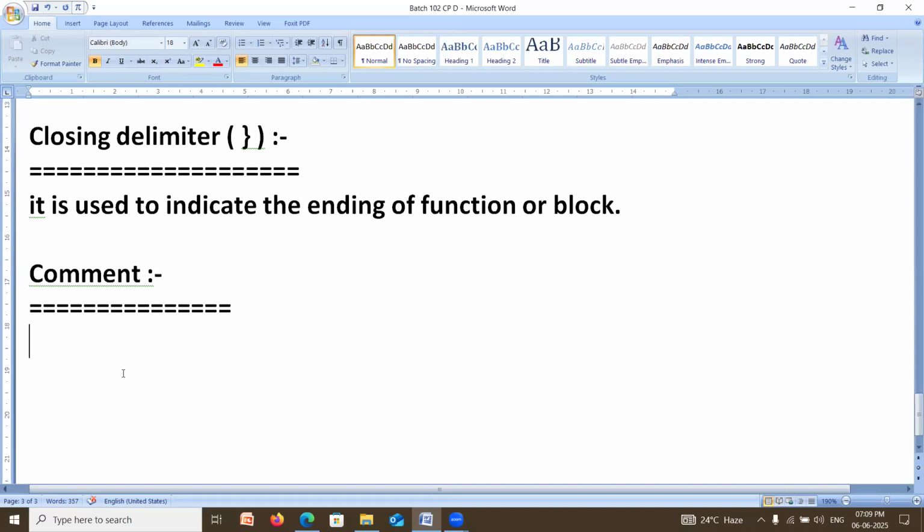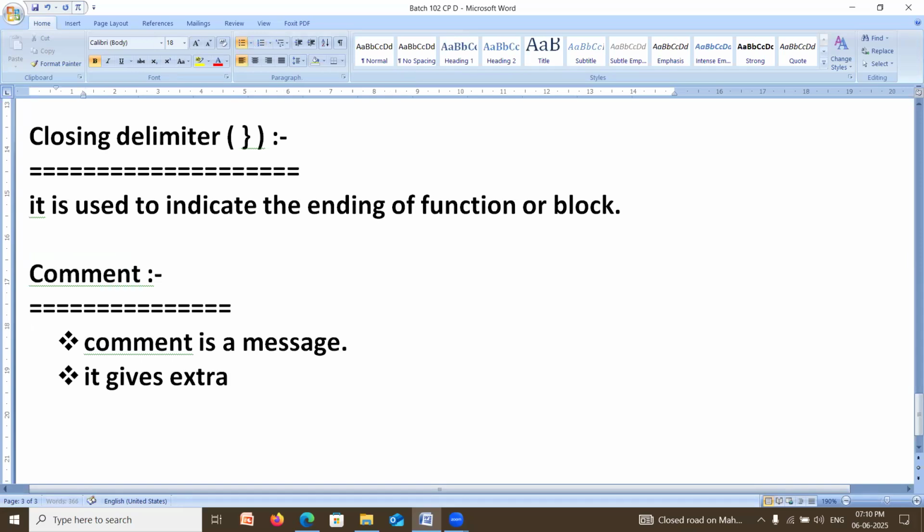So comment is also a message, just like a nameplate. It gives extra clarity about the program.